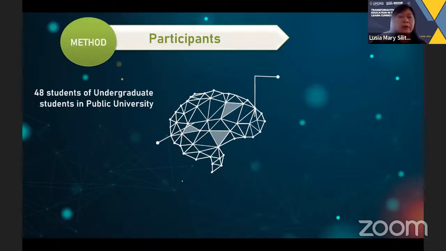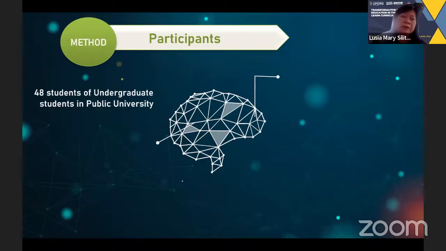Okay, the next step is the study I performed in 2021. The participants of the study were 48 undergraduate students in a public university in Indonesia. I don't mention the name of the university, but it is a public university.